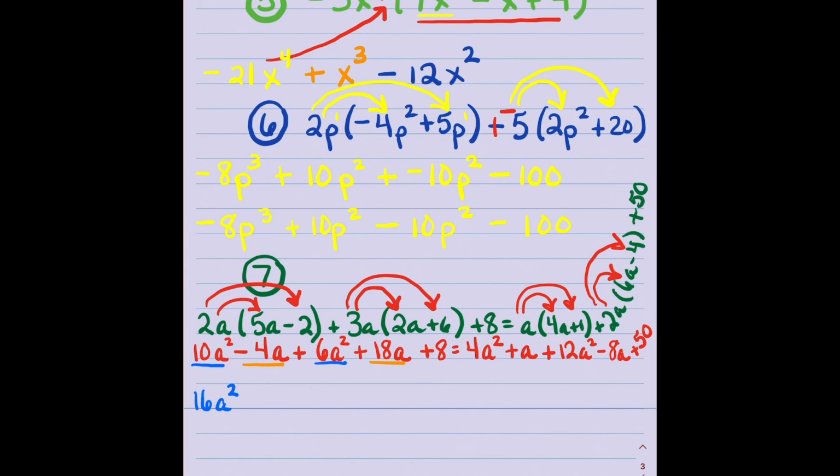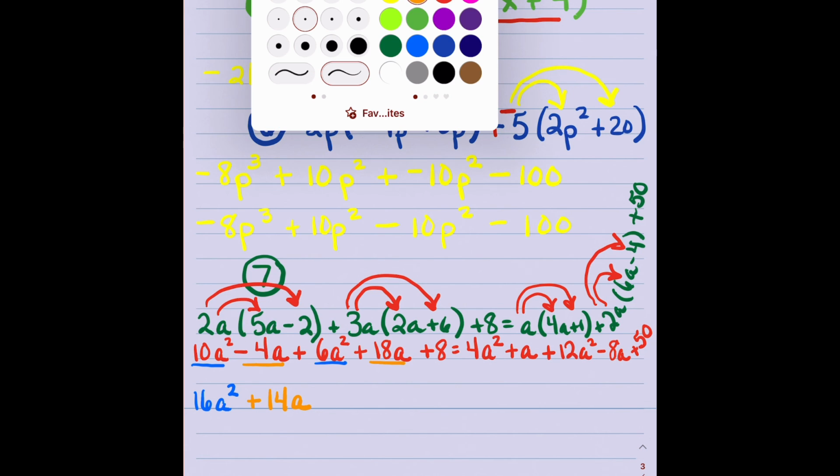I'm only working on one side of the equals at a time. So I'm not trying to subtract things. I need to keep the different sides separate for now. Okay, -4a and 18a is plus 14a. And then I have plus 8.